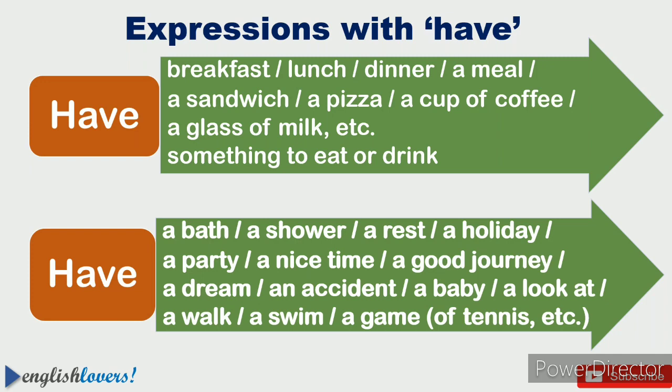So here have a baby, and the past form is had a baby. Or we can say that oh, they are going to have a baby. Or we can say that have a look at this picture, have a look at this photograph. Or we can say that have a walk, have a swim, or let us have a game of tennis. So with all these expressions this verb have is used.